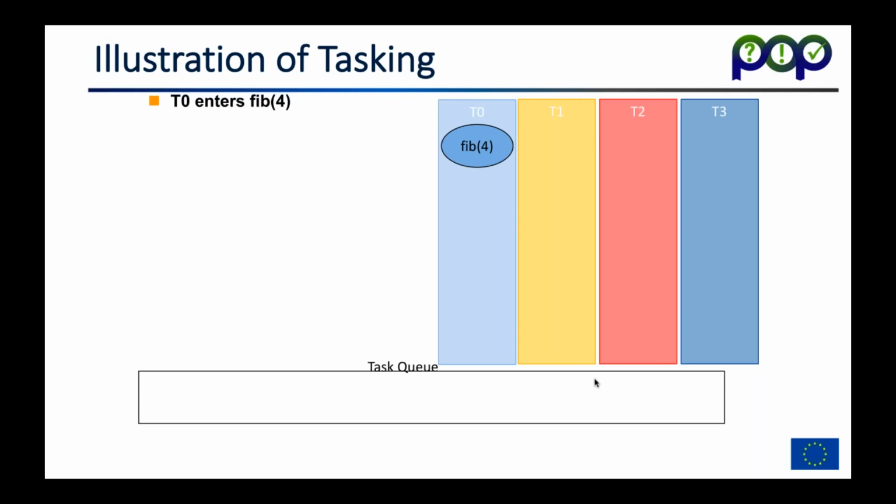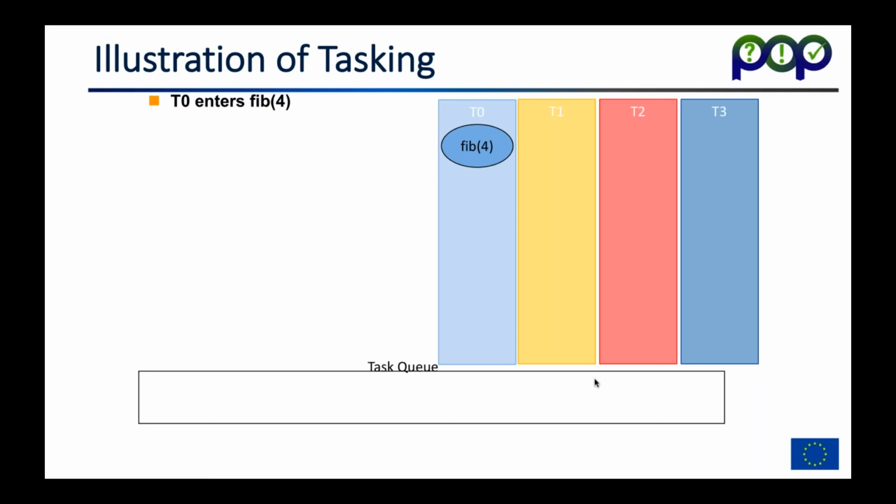In your code, there was a single region, so one of the threads will start executing the single. Let's assume this is T0. Then in the single region, it will call Fib4, for example, if 4 was the input to start with. The other threads just skip the single region and are waiting in a barrier. So at the moment, they are not working at all.